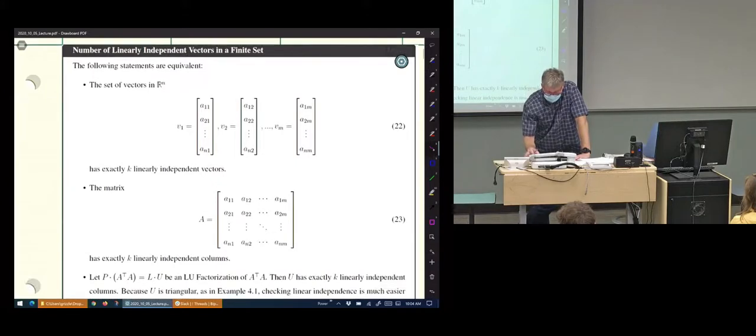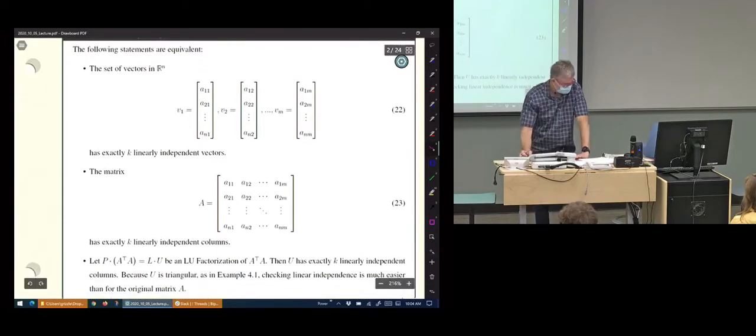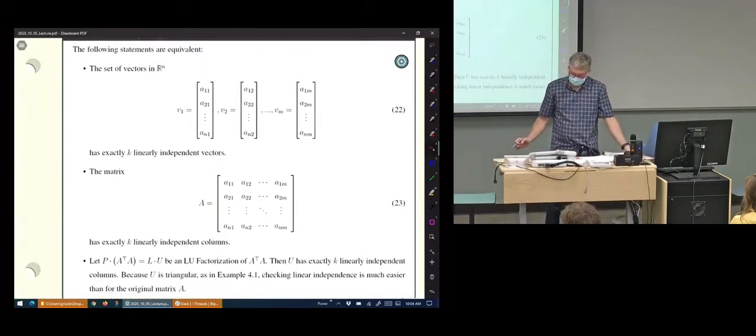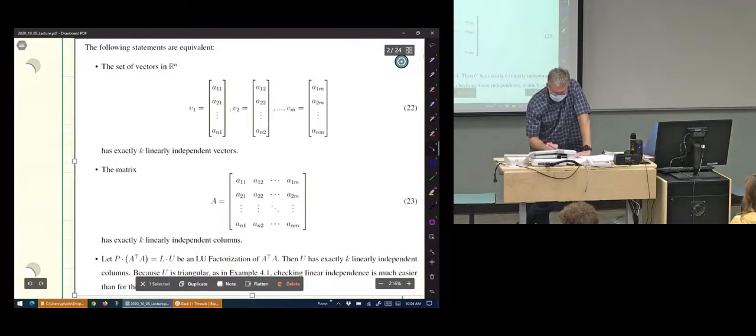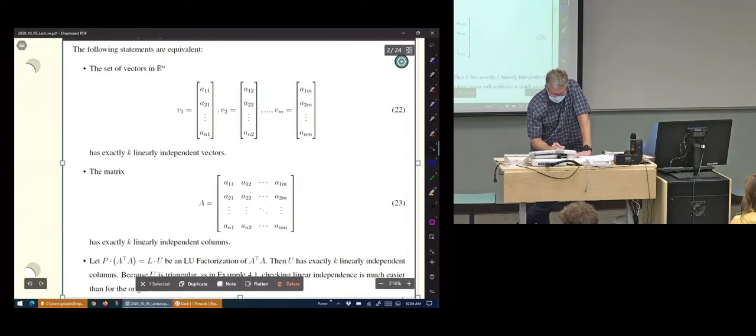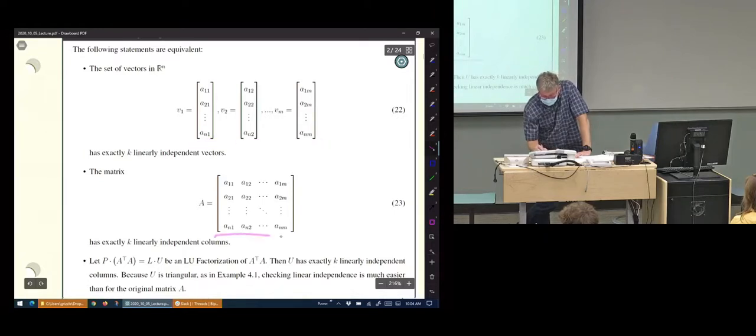So then we started working towards the following. We have the following statements are equivalent, and this was just before we quit on Friday. We take our vectors to be written down just like they were the columns of a matrix, because we're going to throw them into being the columns of a matrix.